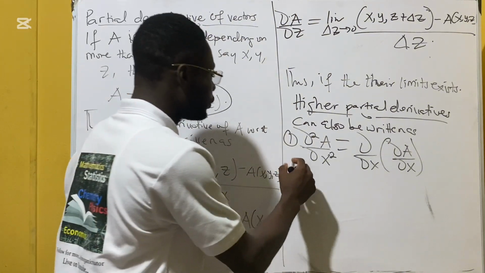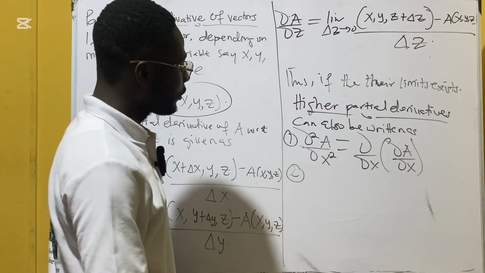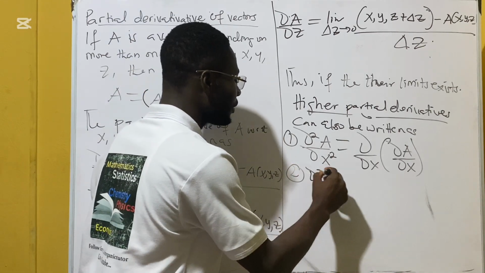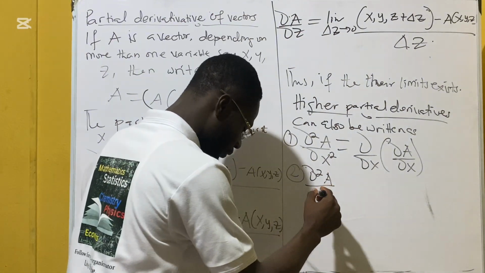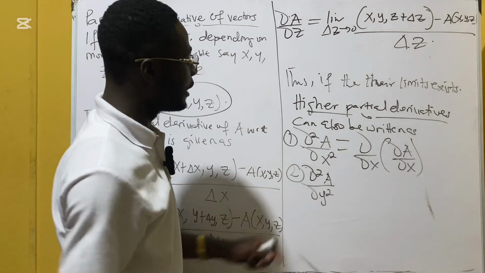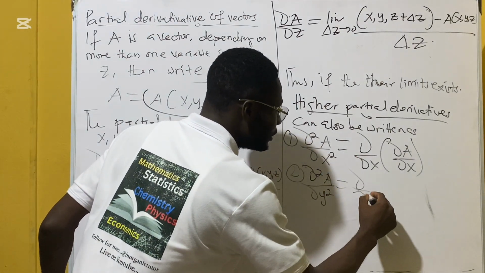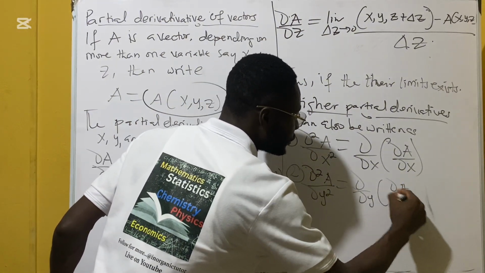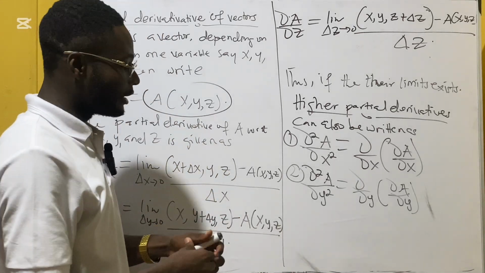Two, if you have the squared a with respect to y squared, then you have d by dy of the derivative of a with respect to y. So basically it follows in that order.